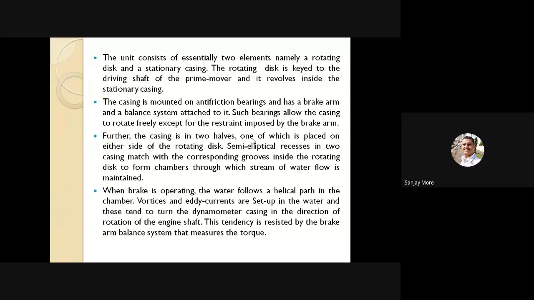Semi-elliptical recesses in the two casings match with the corresponding grooves inside the rotating disc to form chambers through which a stream of water flow is maintained.